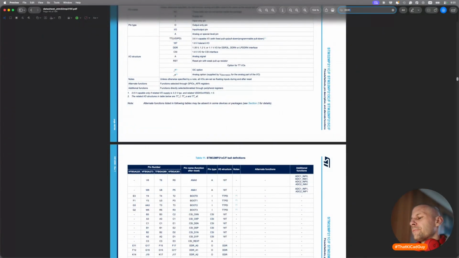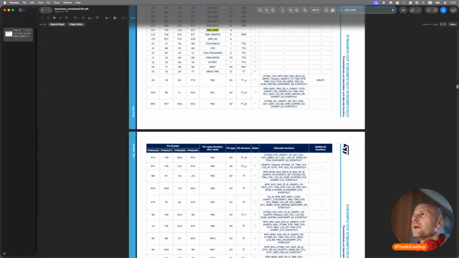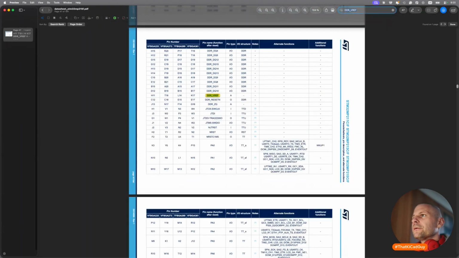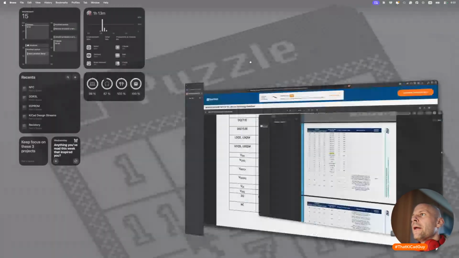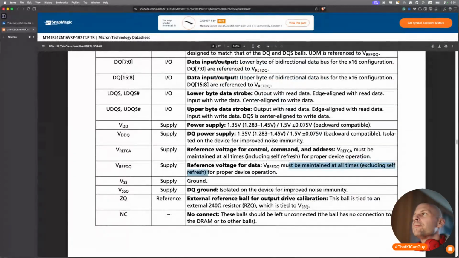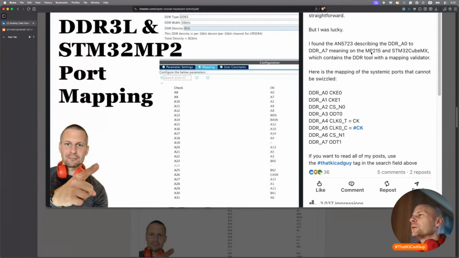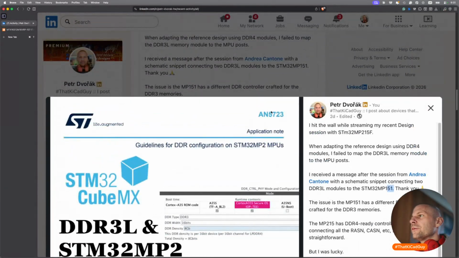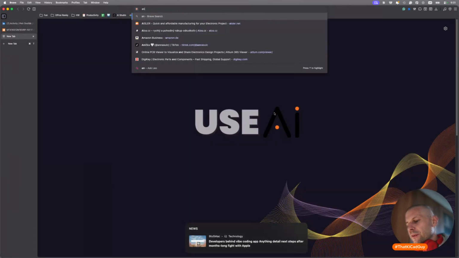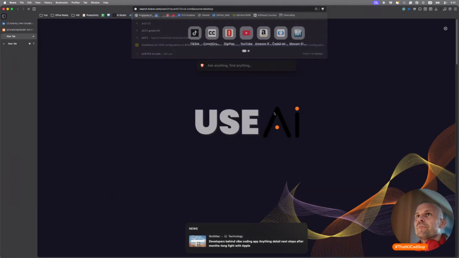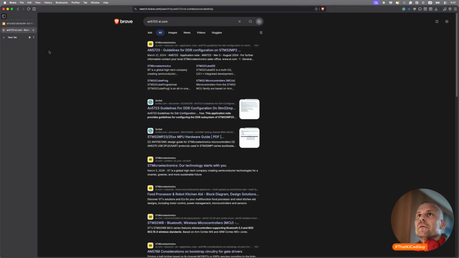And DDR VREF, yes. Yeah, no description, only one occurrence. That definitely helps. So I am going to check the AN5723, STCOM. I can close this because it consumes a lot of memory. I don't know why.